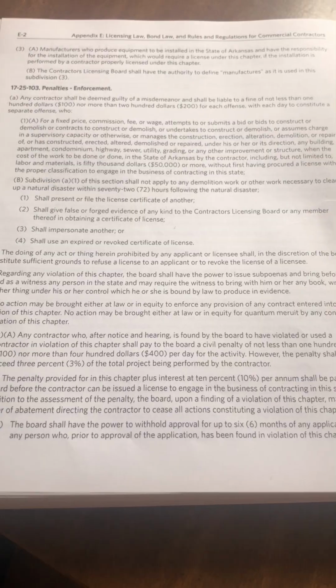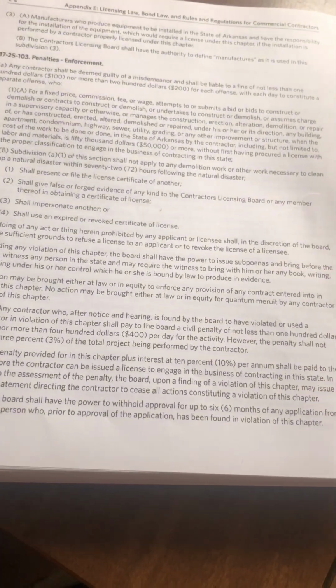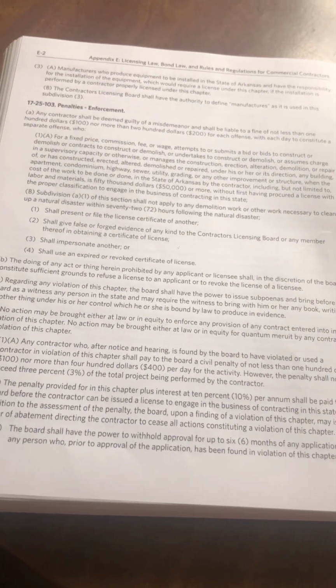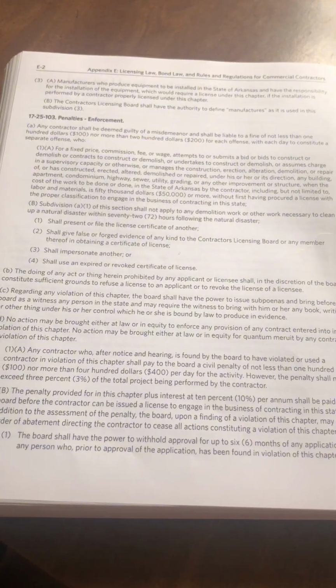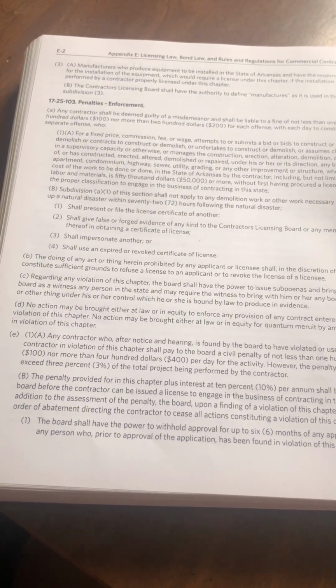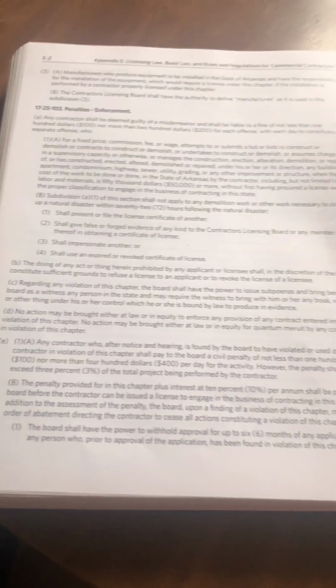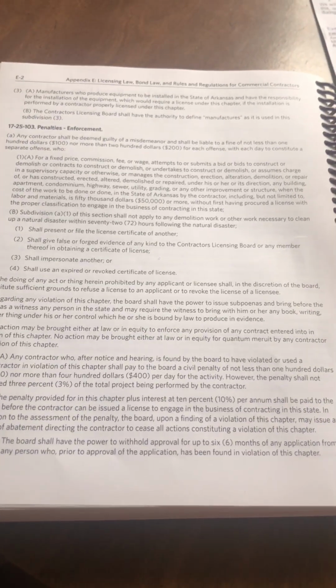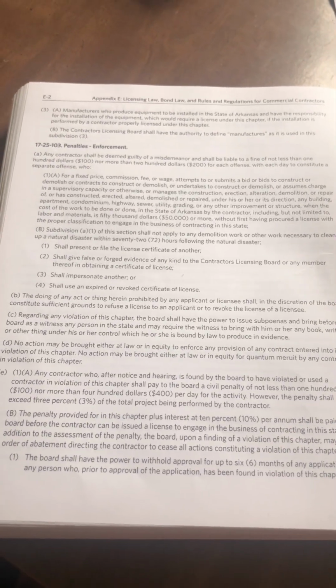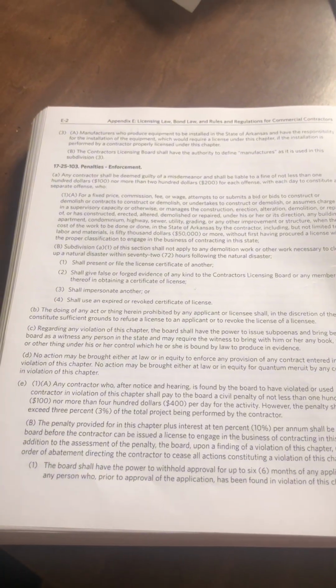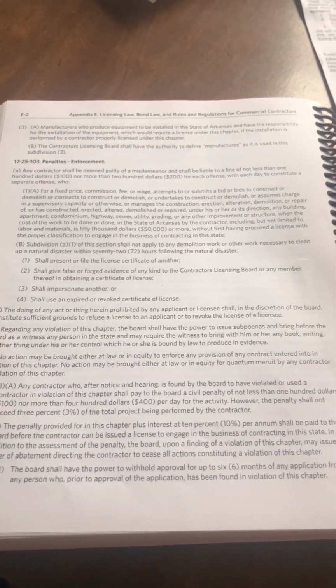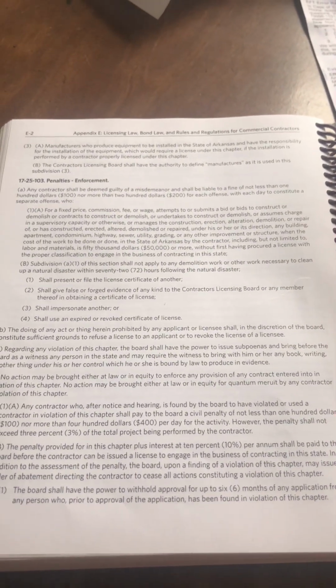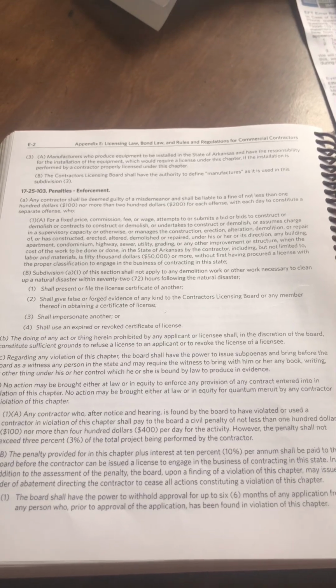Contractor who, after notice and hearing, is found to have violated or used the contractor in violation of this chapter pays not less than 100 or more than 400 a day for the civil penalty.